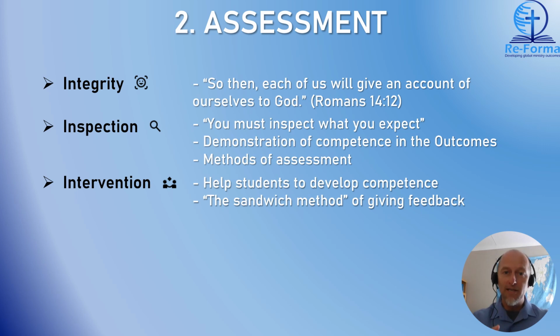This is now giving them feedback on where they are struggling, but you don't tell them this is what you've done poorly. You tell them this is where there is room for improvement. And then the third and final layer of the sandwich is giving the student recommendations of how they can improve and become competent in that outcome.